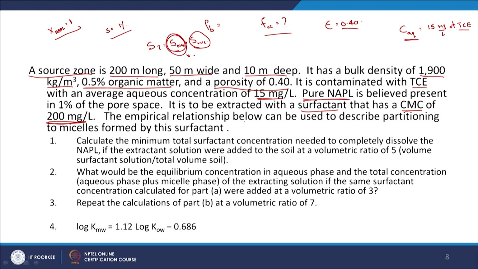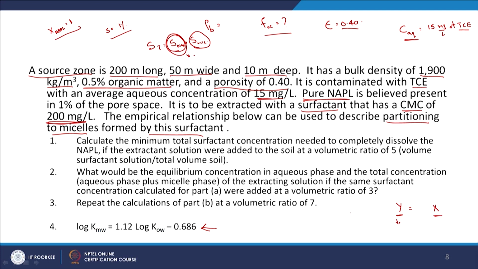And the empirical relationship to describe the partitioning to micelles formed by this surfactant is given here. As we understood earlier, the mass fraction of the contaminant in the micelle depends upon the mass fraction of the contaminant in the water.